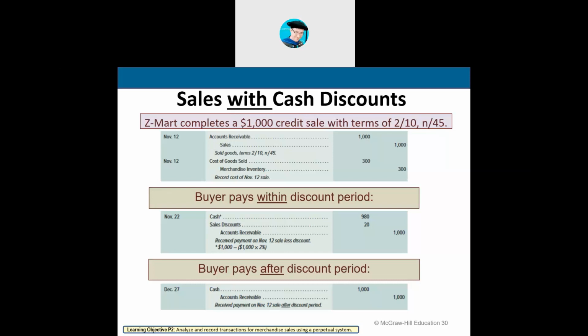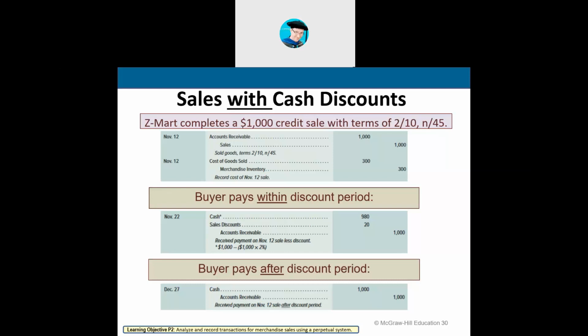On November 22nd, our customer paid us early, within their first 10 days. They took advantage of the 2% discount. So we received $980 in cash because our customer decided to take advantage of the 2% discount we offered them.